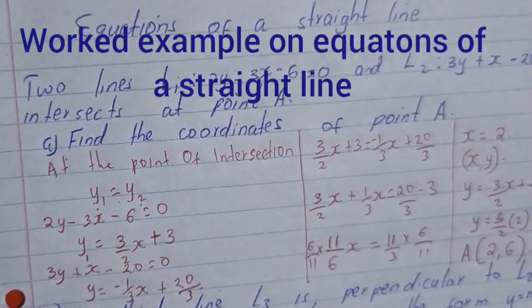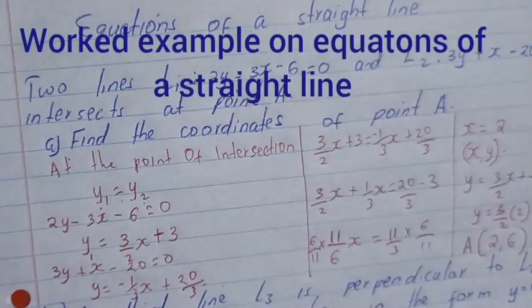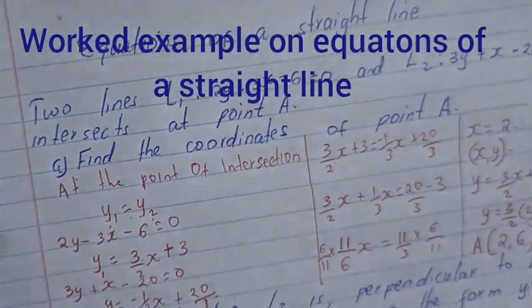Now the second part says a third line L3 is perpendicular to L2 at point A. We already have the coordinates of point A, and we want to get the equation.